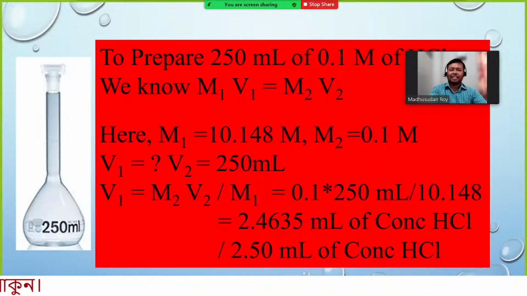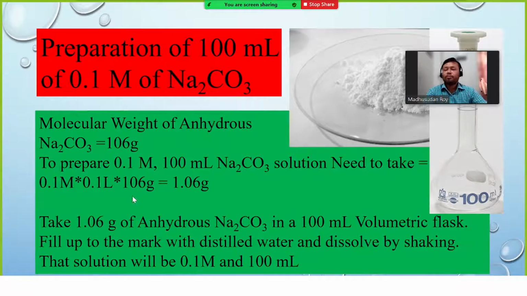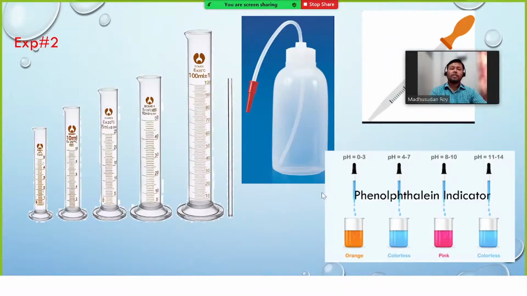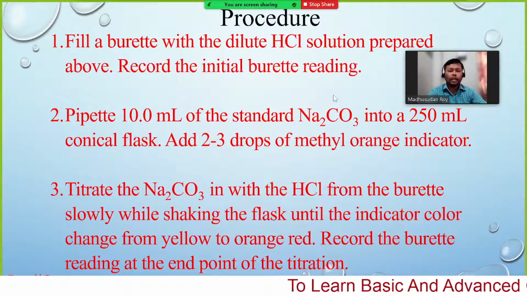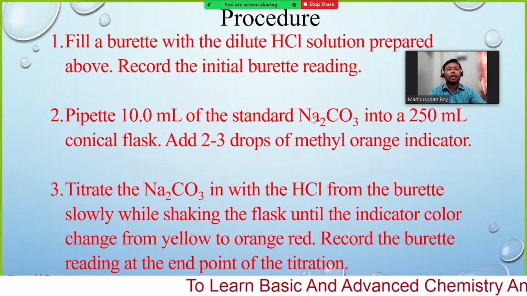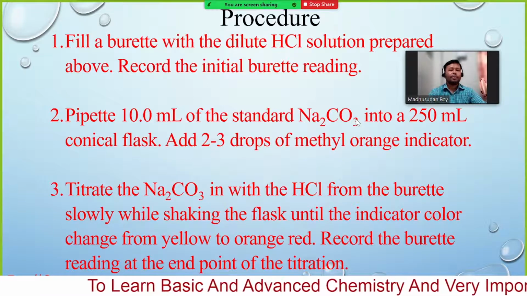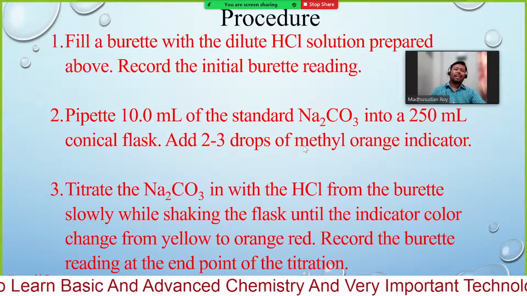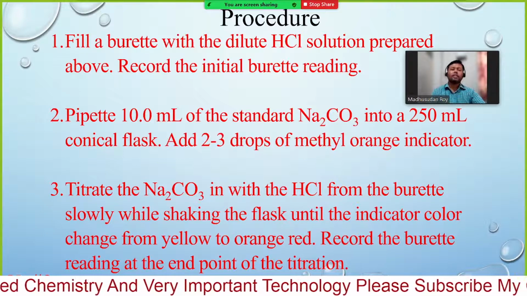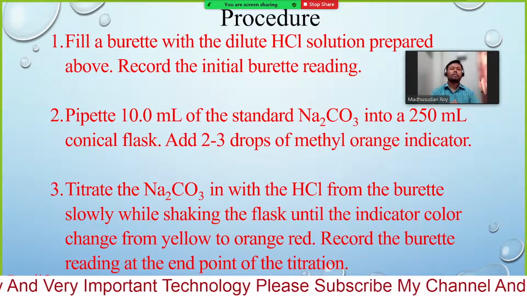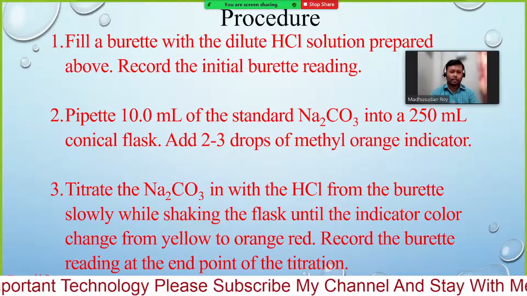Anyway, pipette 10 ml of sodium carbonate into the conical flask, and then add a few drops of methyl orange. You are adding methyl orange to the alkali sodium carbonate. In that case, the color of the solution will be yellow, because in one of the slides I have shown that methyl orange is yellow in alkaline solution.